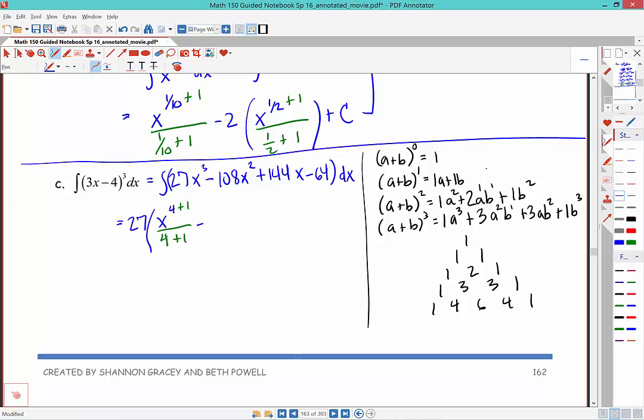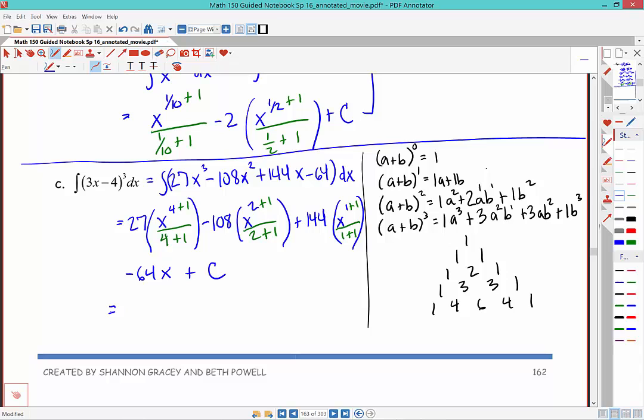And then minus 108 times x to the 2 plus 1 over 2 plus 1 plus 144 times x to the 1 plus 1 over 1 plus 1. And then lastly, minus 64 x's plus our constant of integration.